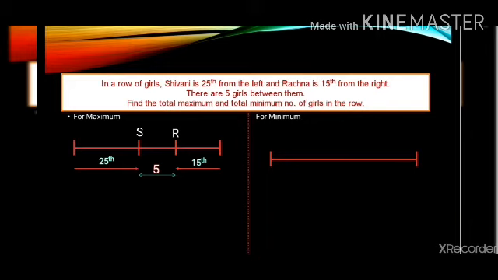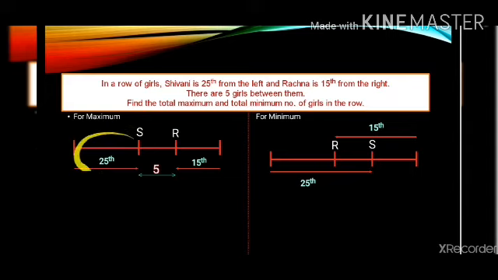Now let us understand the condition for the minimum number of girls in the row. Here the positions of S and R can be overlapped. Let's see how. Shivani is 25th from the left and Rachna R is 15th from the right. I am using the same conditions, but instead of placing them like this, I am placing them in reverse order.